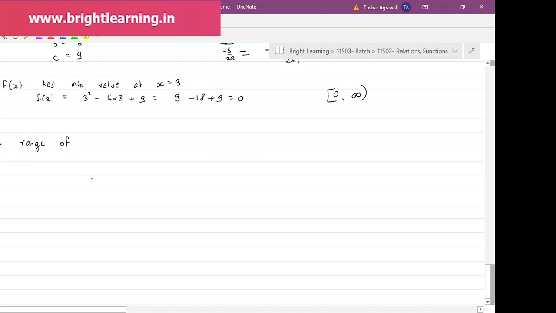Find the range of x square plus 9x plus 18.